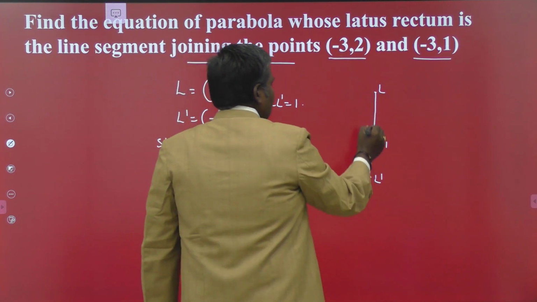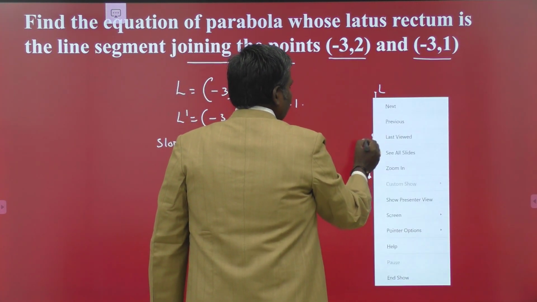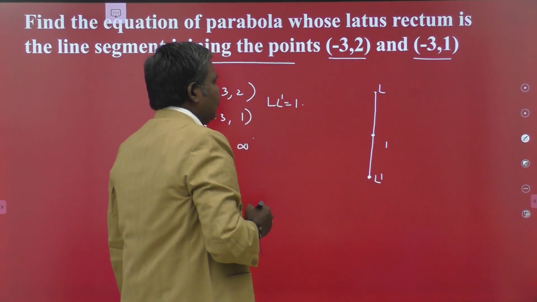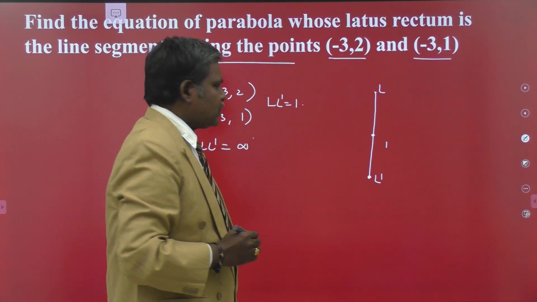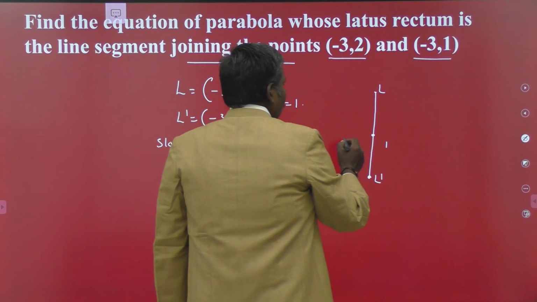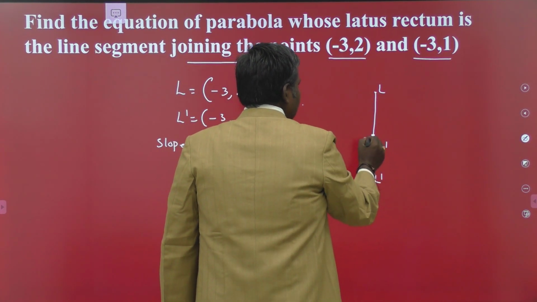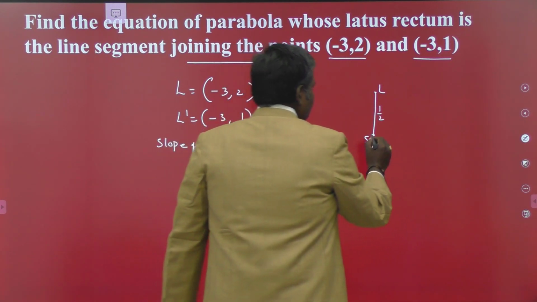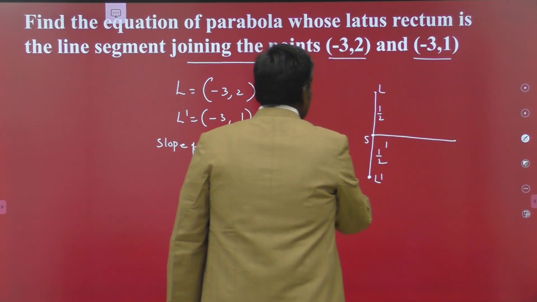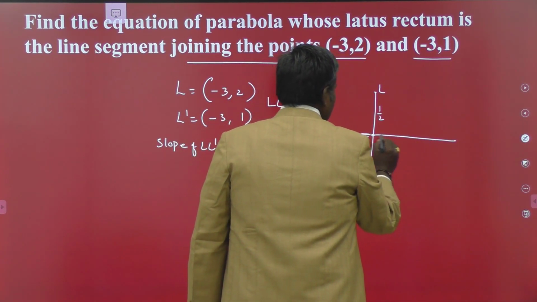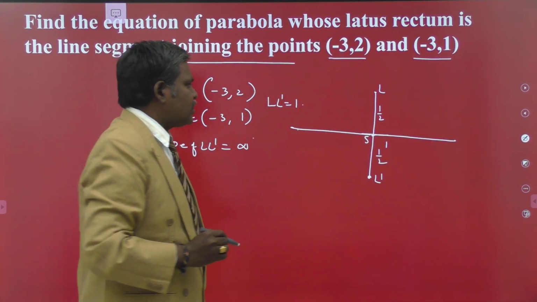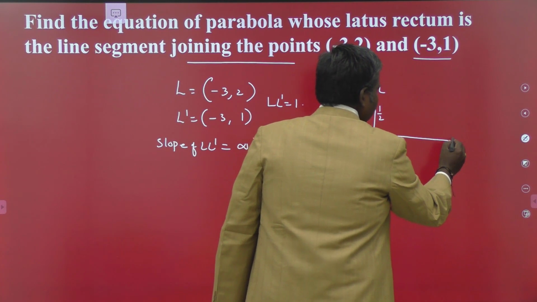And all of you know that the midpoint is the focus. Midpoint of LL dash is the focus. Now the distance from here to here is what now? Half. It is also half. The line passing through the focus perpendicular to the latus rectum is the axis. This is the axis of the parabola.